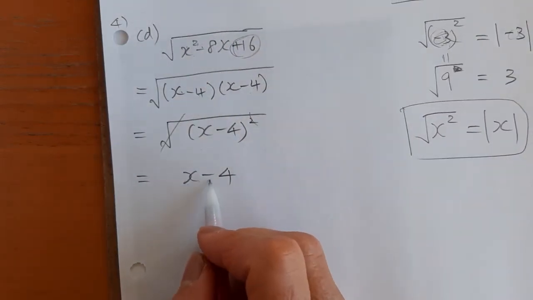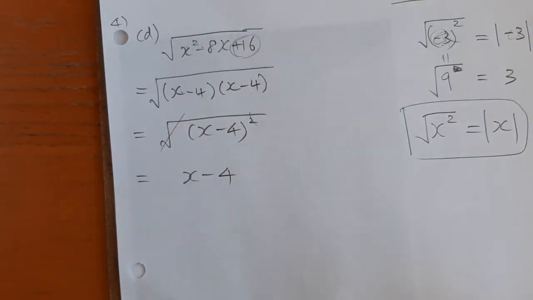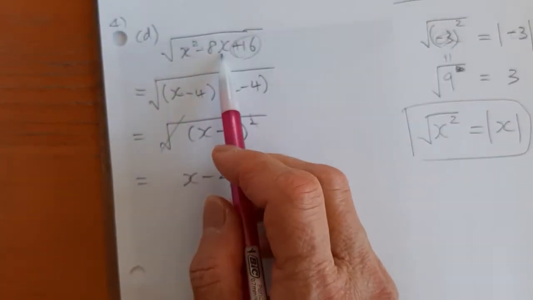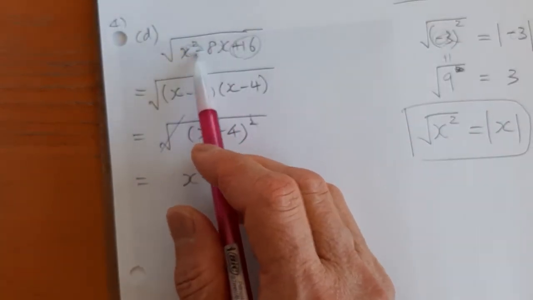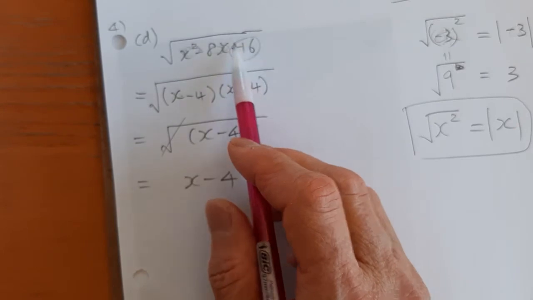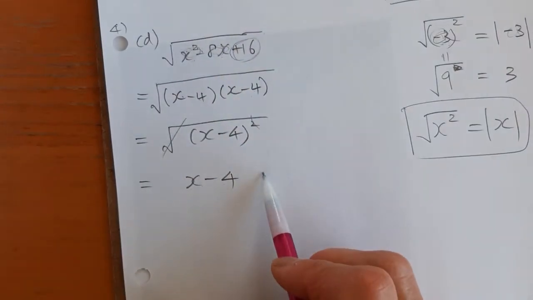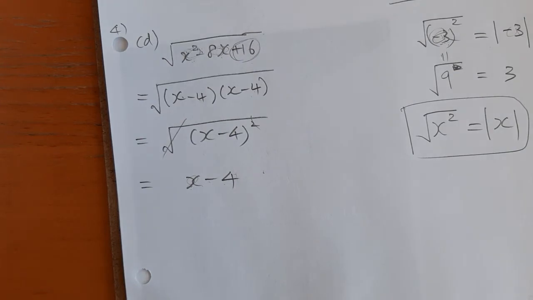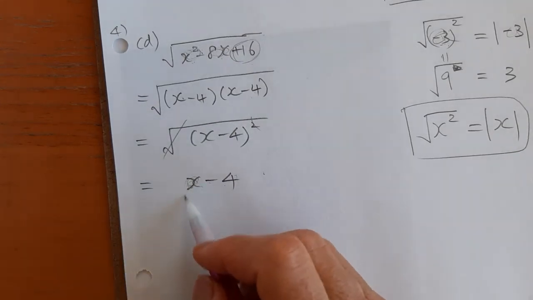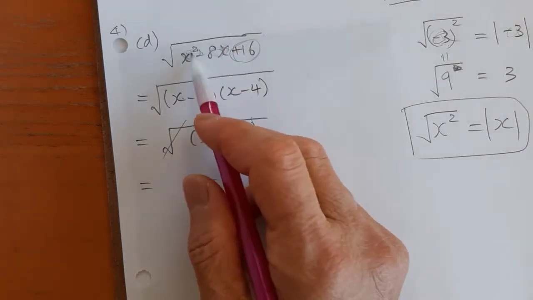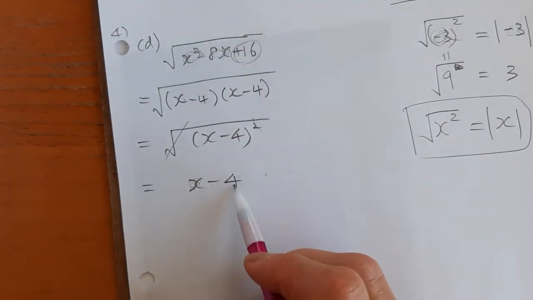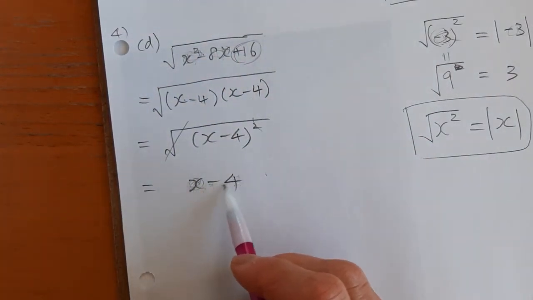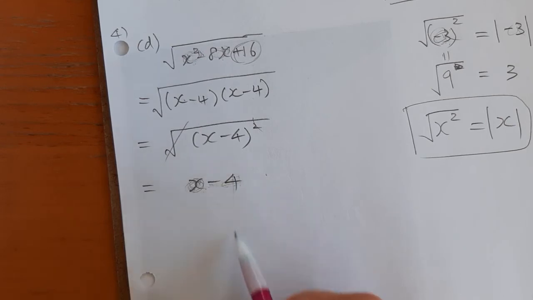But if you just put x minus 4, it's wrong. For example, if x is 0, plug in. Here is 0, here is 0. Add 16. Take square root is positive 4. But it's not equal to 0 minus 4. It's not equal to negative 4.